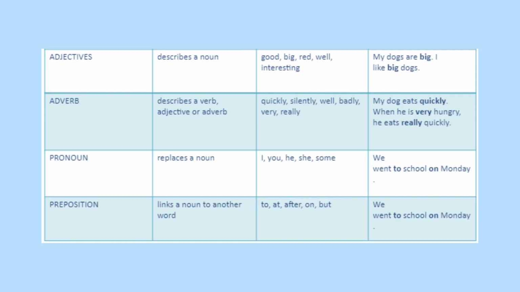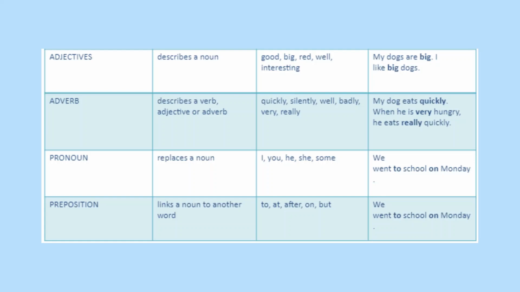The examples for it are, the first one is, my dogs are big, and the second one is, I like big dogs. In both the sentences, I have used this adjective big to describe the noun dogs. Please practice several examples by using the example adjectives that I have mentioned.